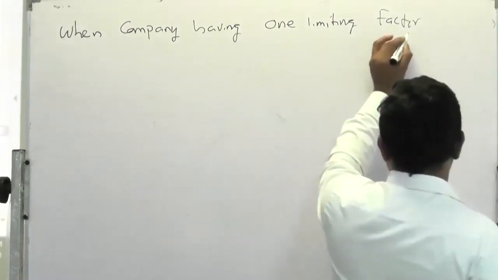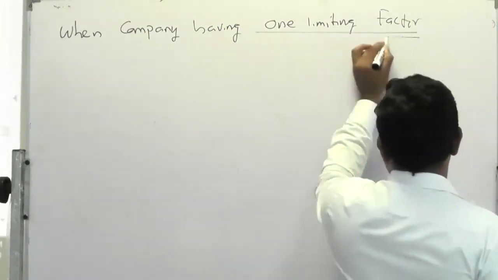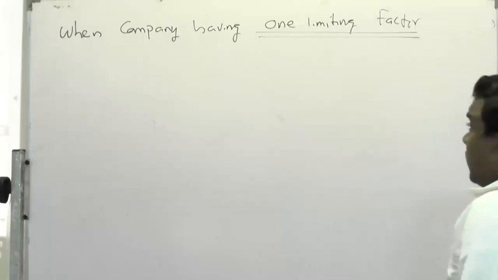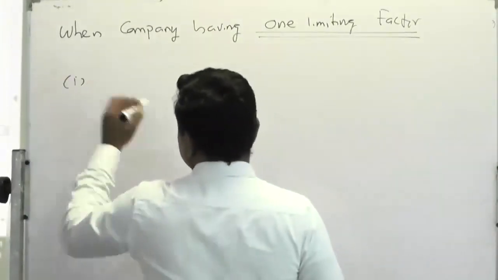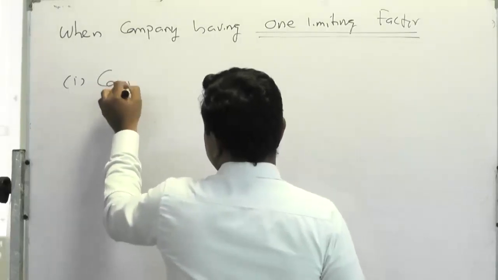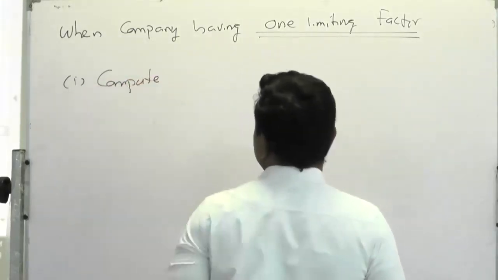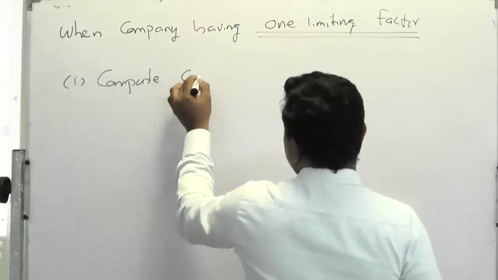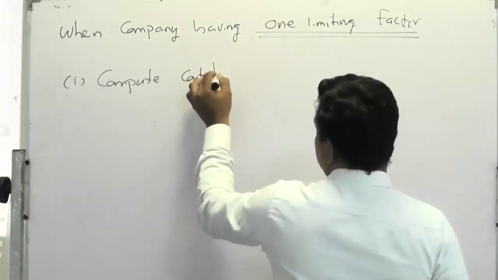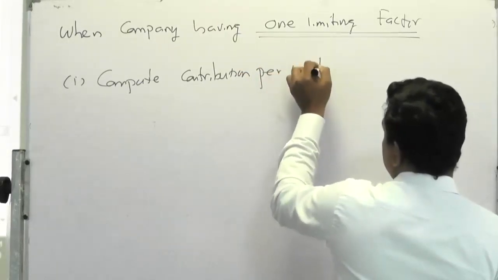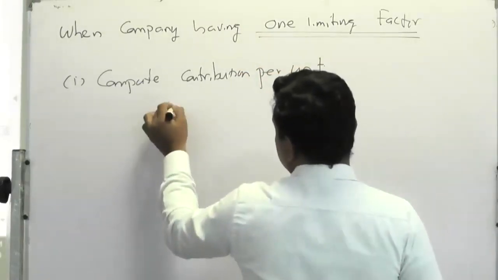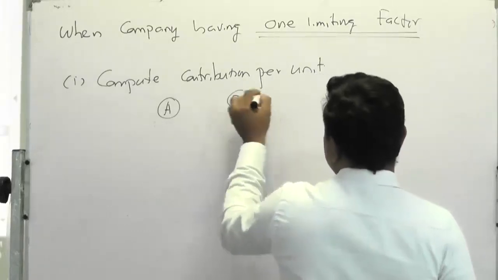But here we are discussing when the entity has only one limiting factor. What is step number one? Compute contribution per unit. Now you are producing A, B, and C.